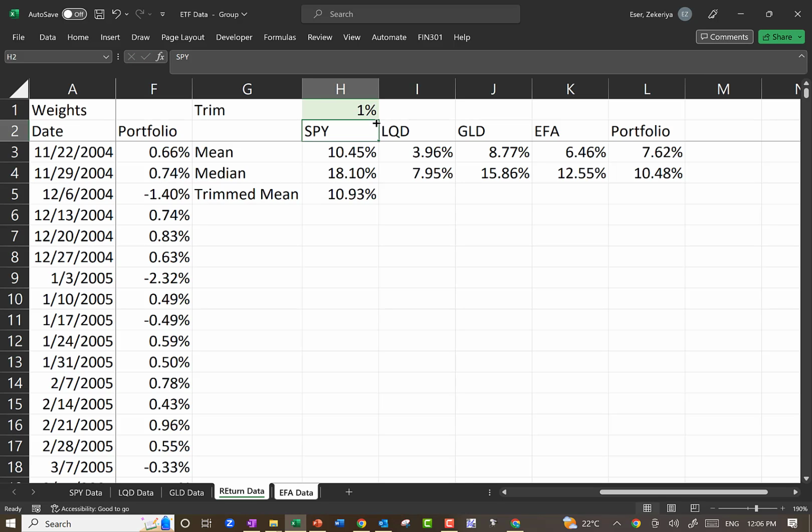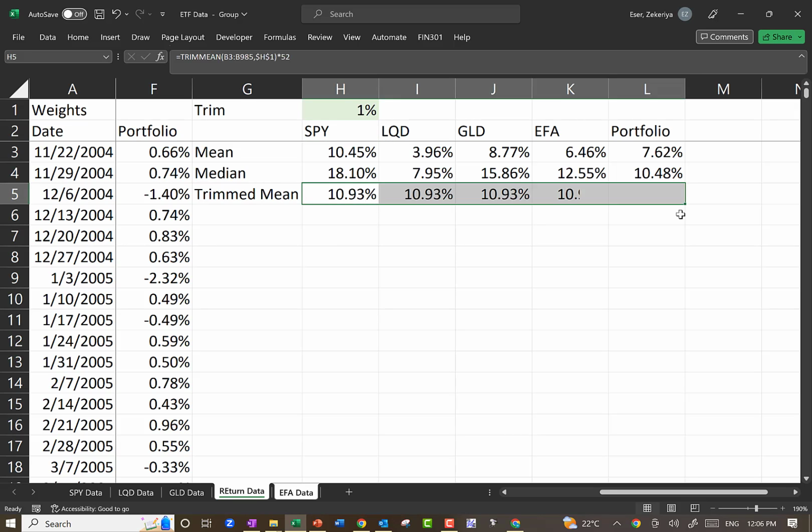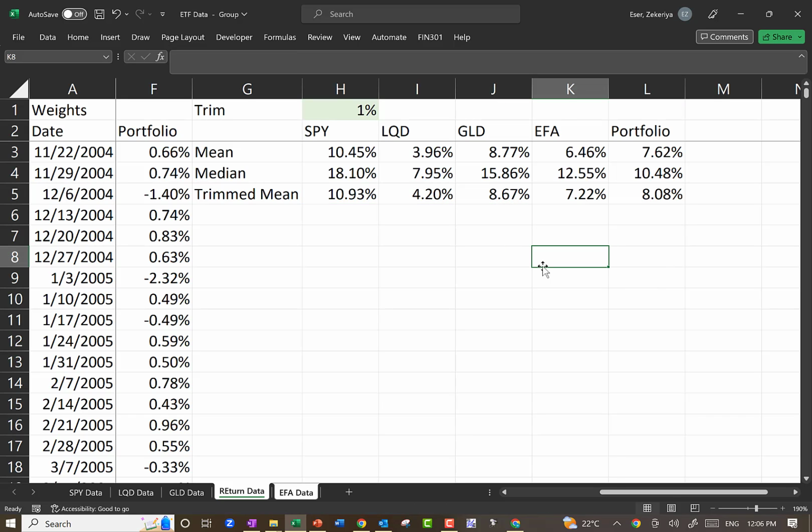My own personal preference is using 1%. So if you're going to pick one of these measures as a measure of reward, I tend to pick 1% trim mean, but we could also do 5.